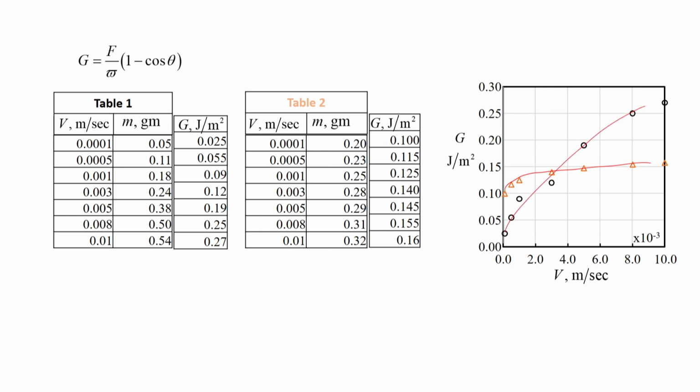So, now we want to know how this G goes as V. So, what you do is that you write ln of G as a function of ln of V. So, let us say that G goes as V to the power n. Therefore, ln of G will be equal to n into ln of V. So, you plot ln of G and ln of V with the slope n.